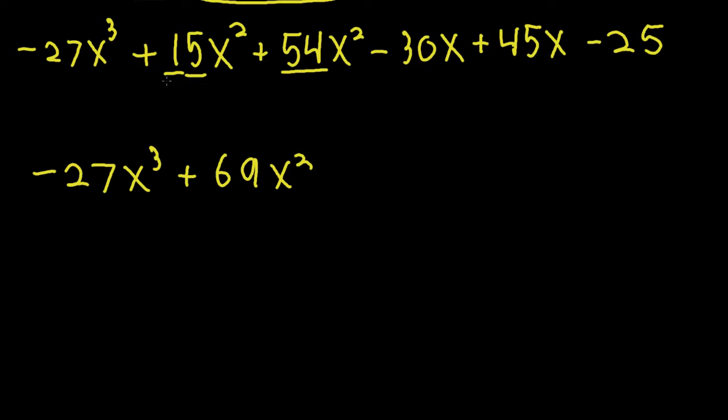Since we're just adding, all I do is add the numerical term. I leave the x squared alone. I'm not adding the variable. So I get 69x squared.